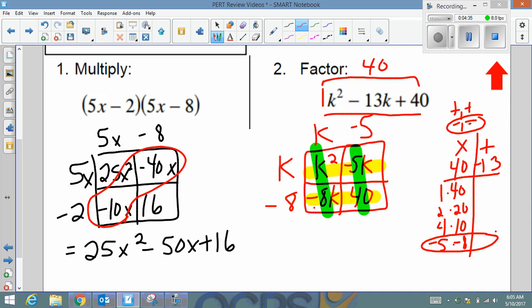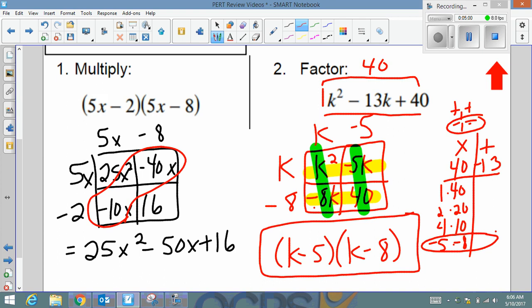And because this is negative, this is going to be negative. Always multiply to check, especially because of the signs, the positives and the negatives. K times k is k squared. K times negative 5 is negative 5k. K times negative 8 is negative 8k. Negative 8 times negative 5 is a positive 40. So my answer here, k minus 5, k minus 8.